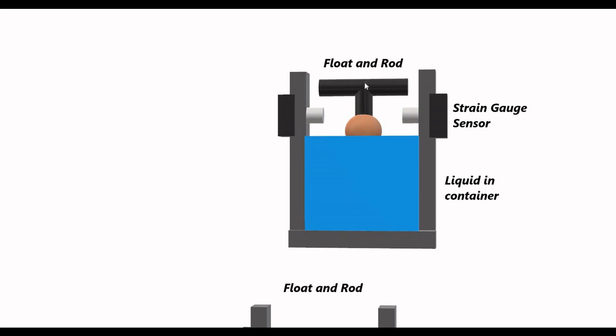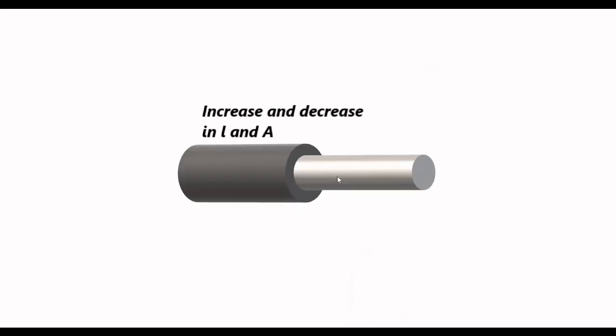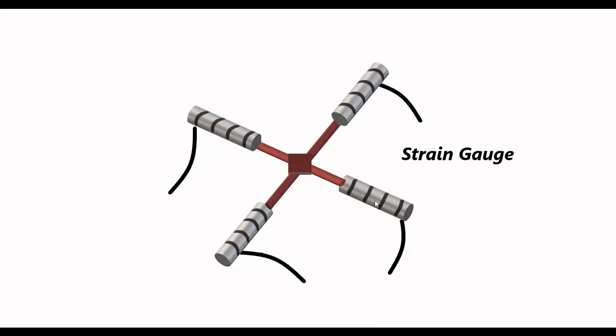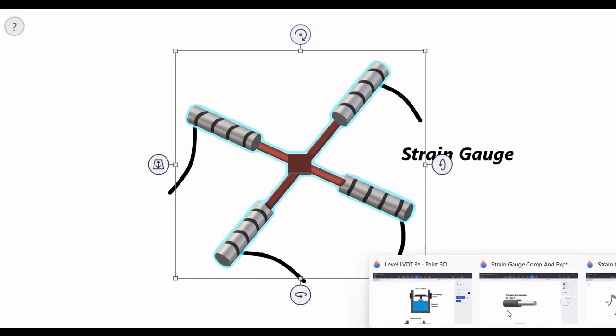So when this whole thing along with the liquid level goes up and down and strikes the sensing shaft, the shaft which is connected to the strain gauge arrangement undergoes movement, and that results in compression in a pair of wires and expansion in the other.